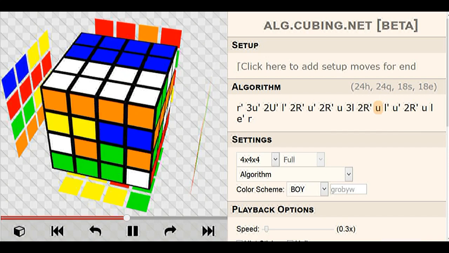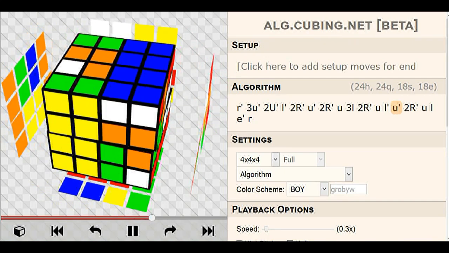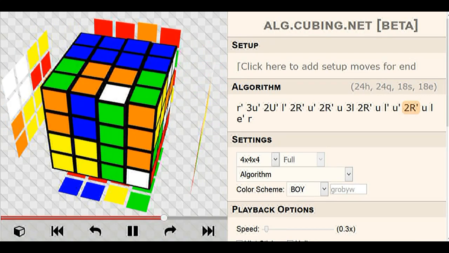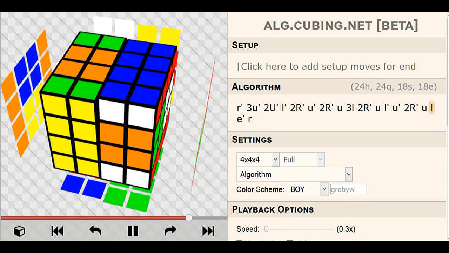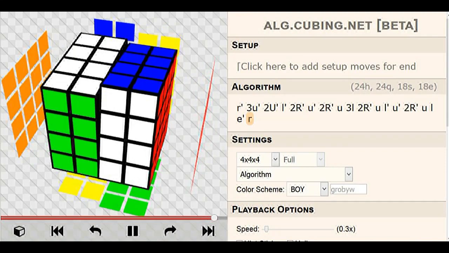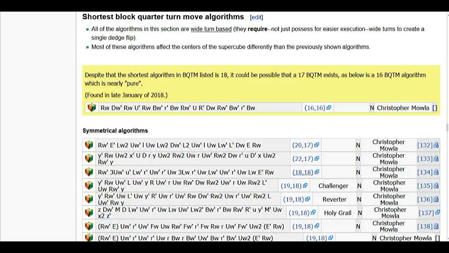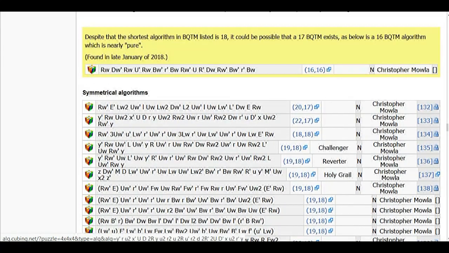Each of those to me is 2 moves, like F2 is 2 moves, not 1. But that's just in this move metric. I can completely understand that F2 in the half turn metric is 1 move. It is the shortest in this list. I have them arranged by shortest in half turns in this list, so 17 is the shortest technically, but that's for that metric. But for quarter turn, 18 is the shortest.